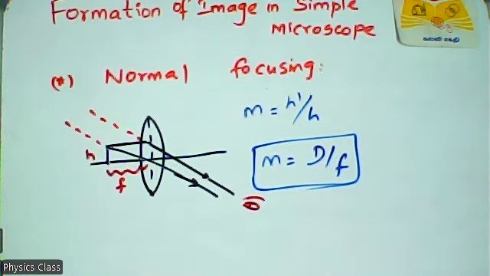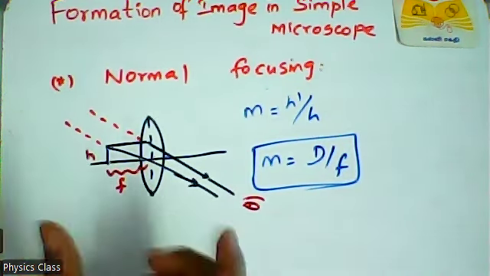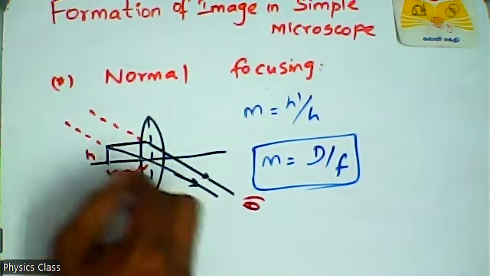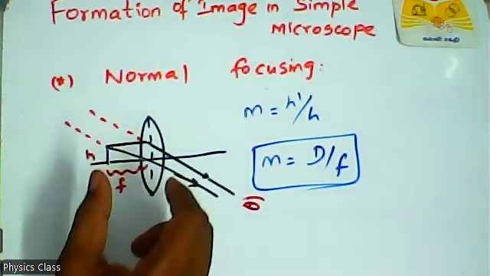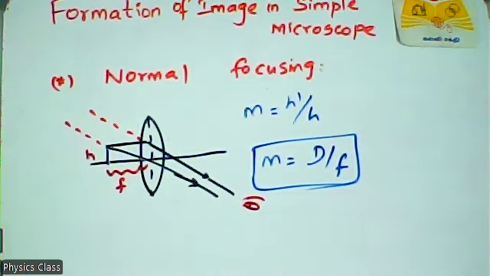So these are the important points related to the concept of the simple microscope. A simple microscope consists of only one convex lens of small focal length. It is also called a magnifying lens. The object is placed between the principal focus f and the optical center of the convex lens.